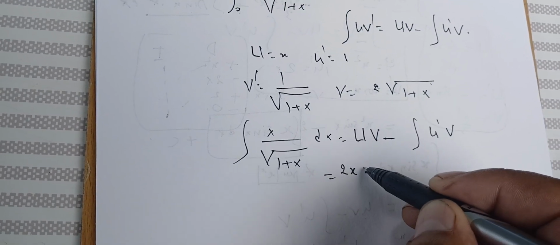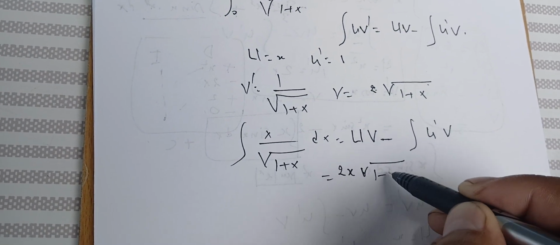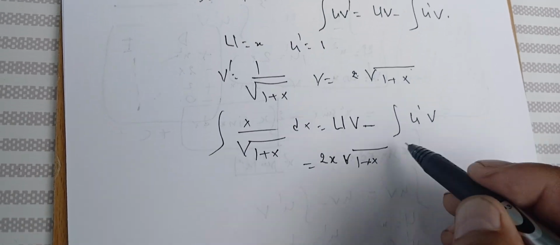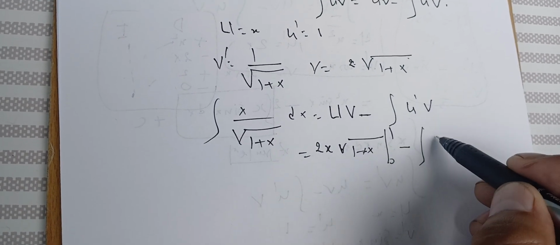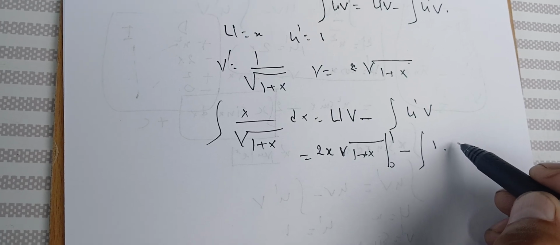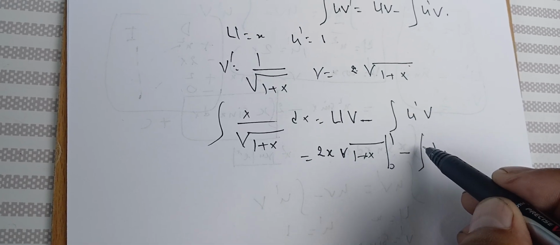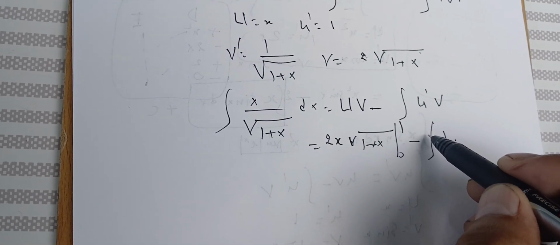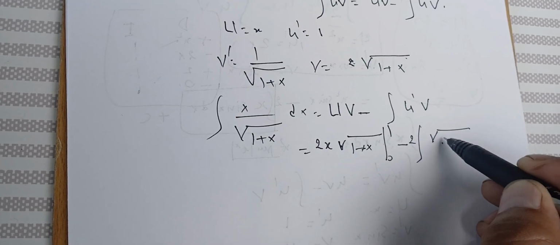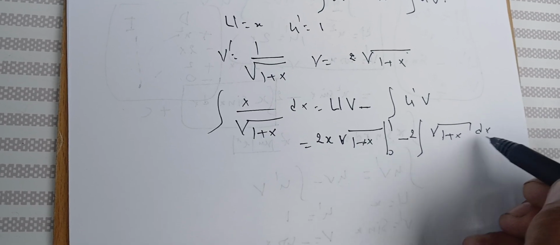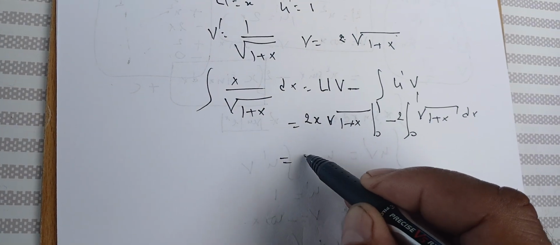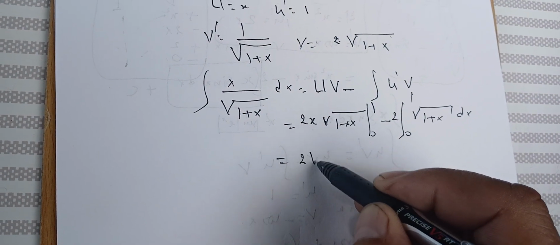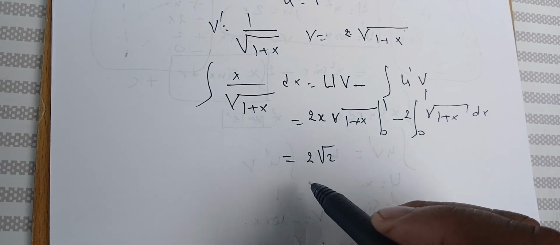That means 2 square root of 1 plus x, evaluated between 0 and 1, minus u prime, which is 1, times v, which is 2 square root of 1 plus x. I'll take the 2 outside, and I will be left with the integral of square root of 1 plus x dx between 0 and 1. When I do the evaluation, I'm going to get 2 square root of 2 minus 0.